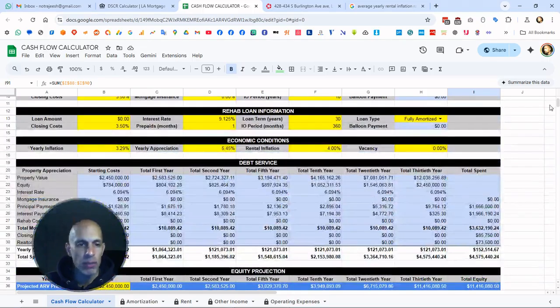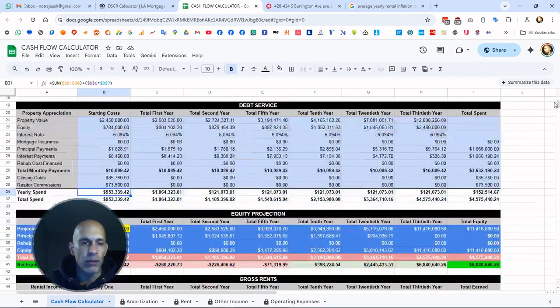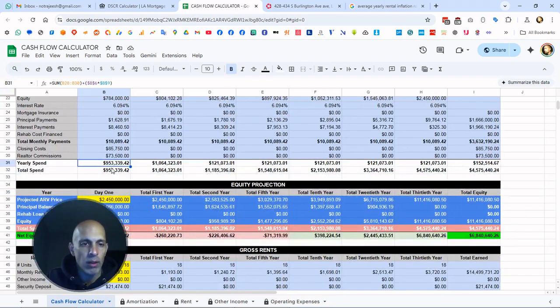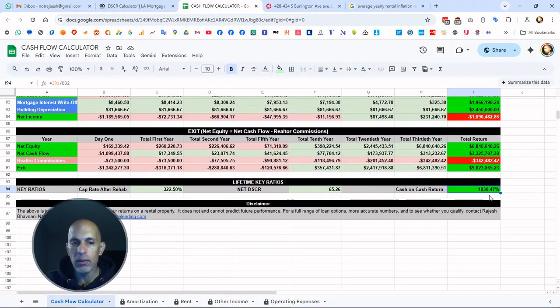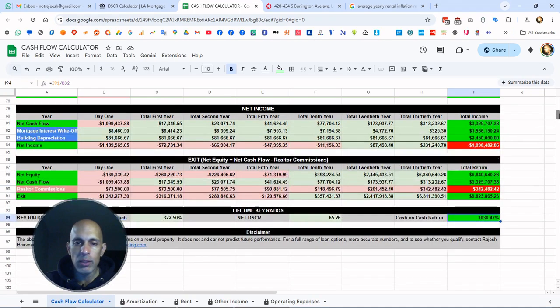That's $9.8 million on an original investment of the down payment, which is $784,000, and all the closing costs and everything tied up with that. That roughly adds up to $953,000.